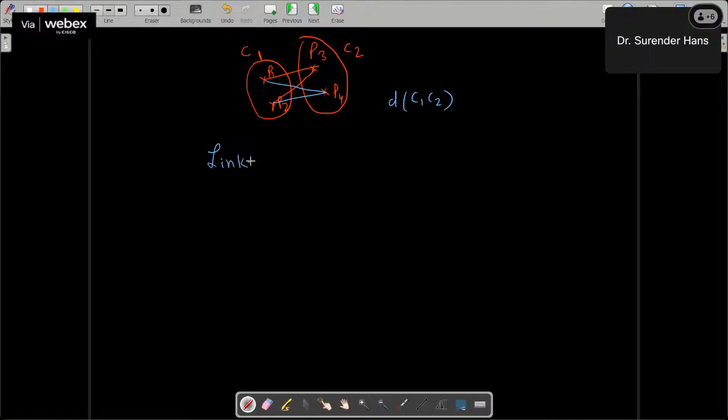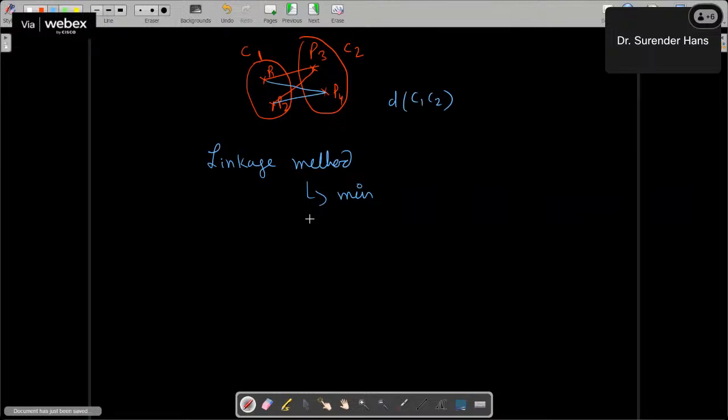There is a linkage method, linkage criteria. So the one method is min. Min is very easy, as we already discussed the minimum distance. So just check the distance between the two data points. Whichever has the minimum value, that will be your final distance.